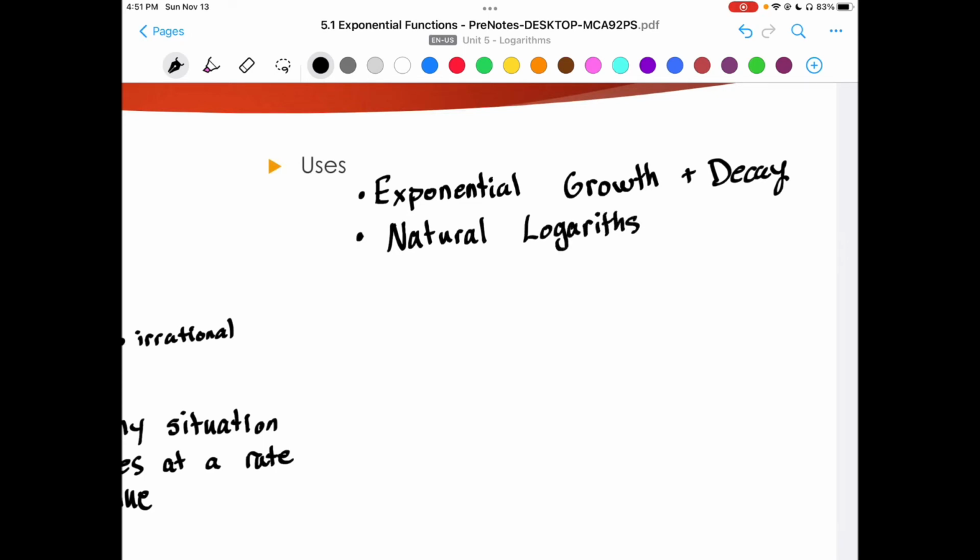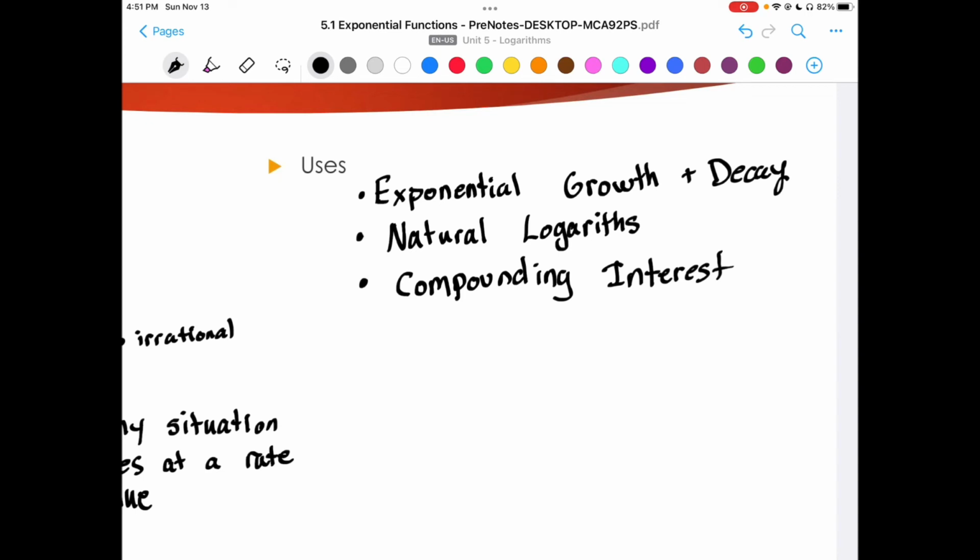That word natural means that it occurs naturally. It's the quantity increasing at a rate proportional to its value, very naturally. And so you'll see that a lot in population growth and compounding interest. That's another one that we'll talk about, financial stuff, so compounding interest.